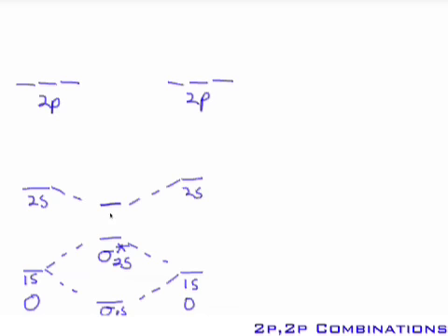So I've got sigma 1s, sigma 1s star, sigma 2s from the 2s orbital, sigma 2s star.